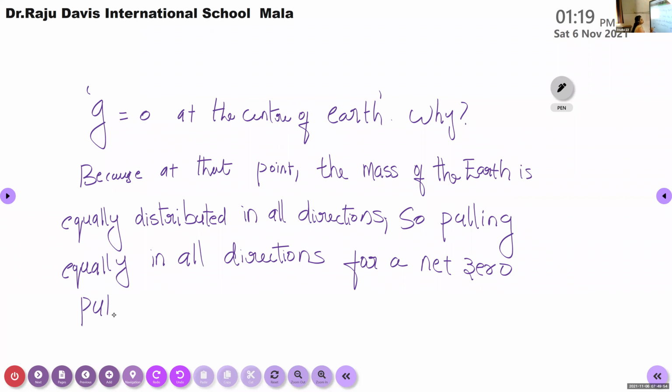Actually, you only need to write this first sentence, because at the center of the Earth, the mass of the Earth is equally distributed in all directions. That's all. So pulling equally in all directions for a net zero pull. As the distance from the center decreases, the acceleration due to gravity also decreases.